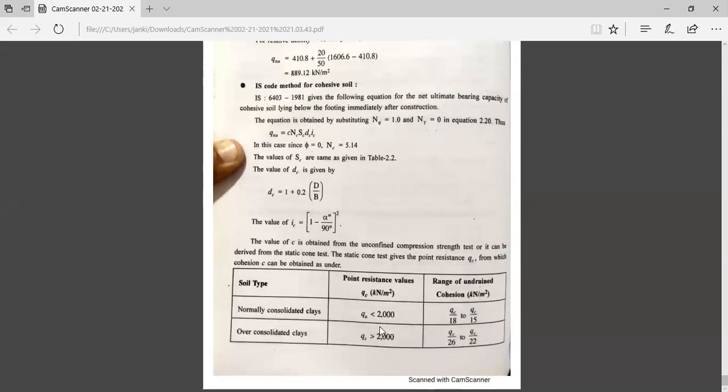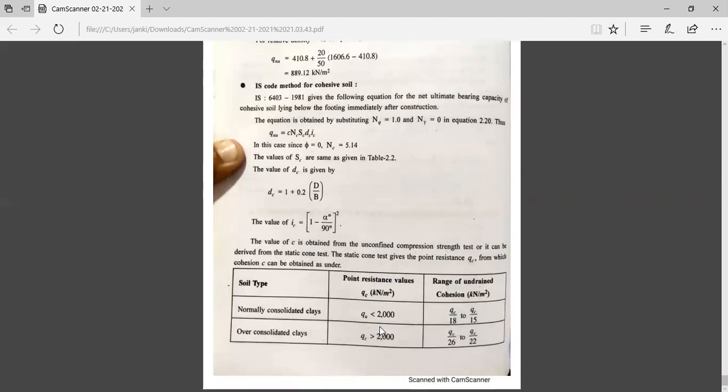Because of that, the qnu value is C NC SC DC IC. In this case, phi is equal to 0 and NC is equal to 5.14. The values of SC are the same as given in table 2.2. The value of DC is given by DC equal to 1 plus 0.2 D by B, and the value of IC is equal to (1 plus alpha divided by 90) whole raised to square.